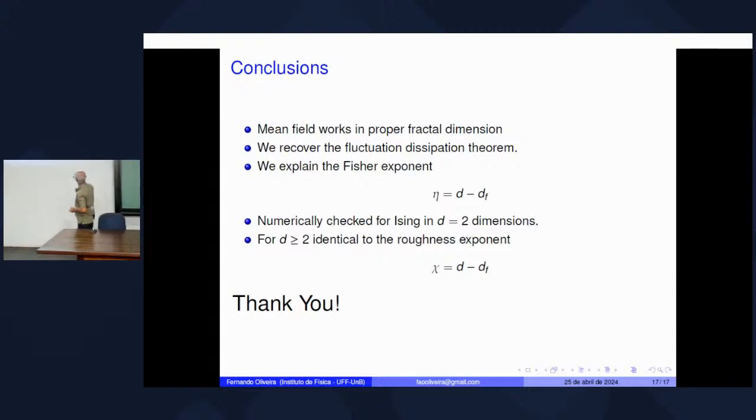So here, upper critical dimension means that eta equals 0 and d equals df. We checked it numerically for the Ising system with very good precision, and note that for large d, that is identical to the roughness exponent, which is exactly the difference between d and the fractal dimension.